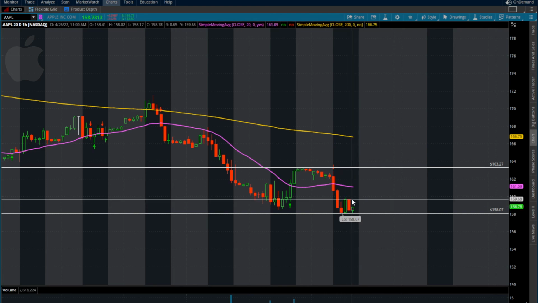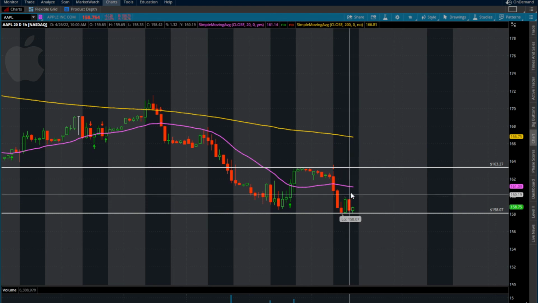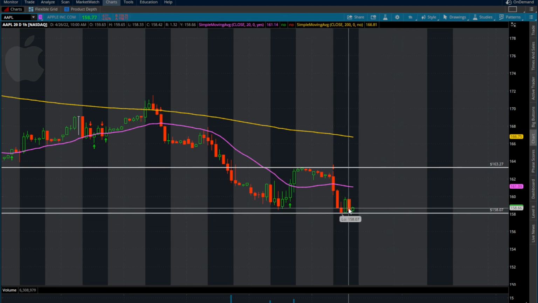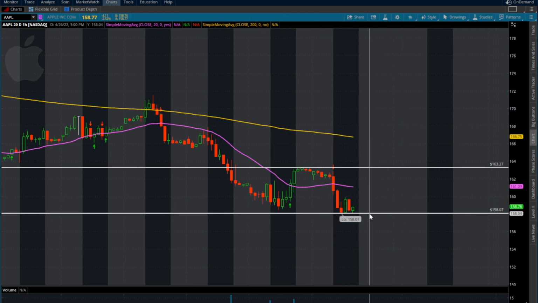Not saying that we're going to take out the highs of 159, 160 and come to 161, but it's definitely on the table. And as long as you are managing your risk, which in trading is all this game is about, the psychological levels of managing and maintaining a good stop loss and good mental health so you can manage your risk accordingly.